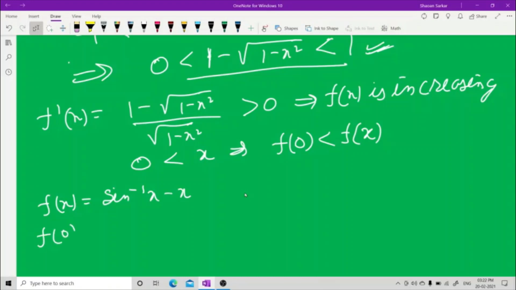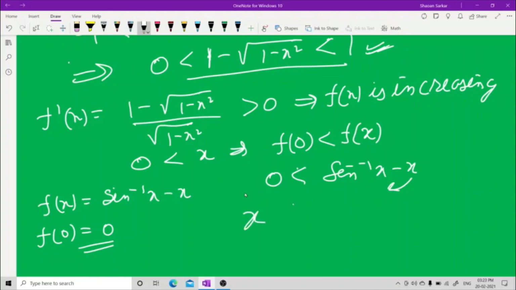So f of 0 is 0, and f of x is sine inverse of x minus x. Take this on the other side. So x is less than sine inverse x. This is equation number 1.